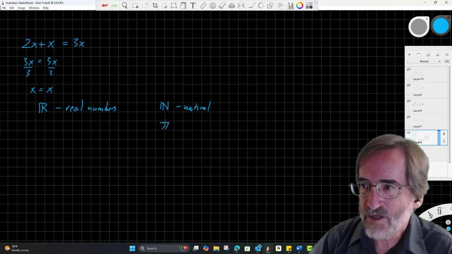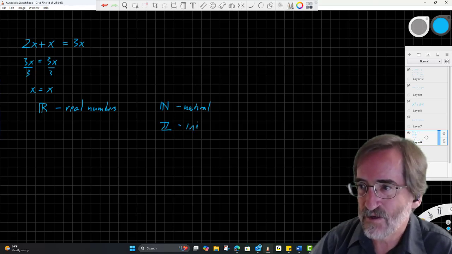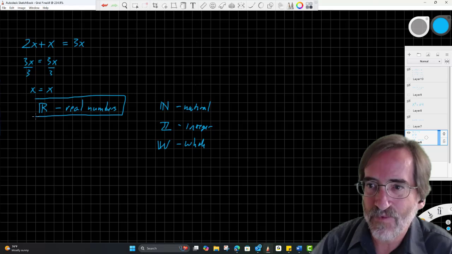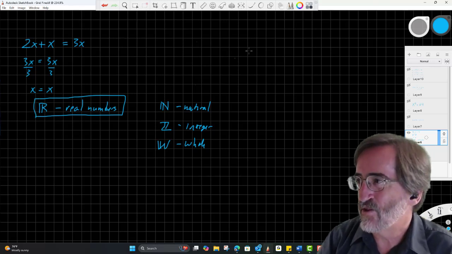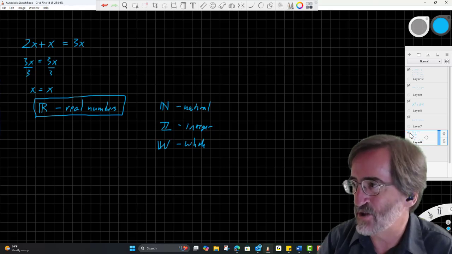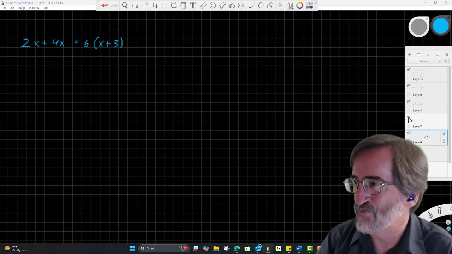Okay, it's actually an I, but it looks like a Z. It stands for integers. And W stands for whole. But we're going to use only the real numbers in this lesson. Okay. There are circumstances where we might stick to just whole numbers or natural numbers, depending on the situation.